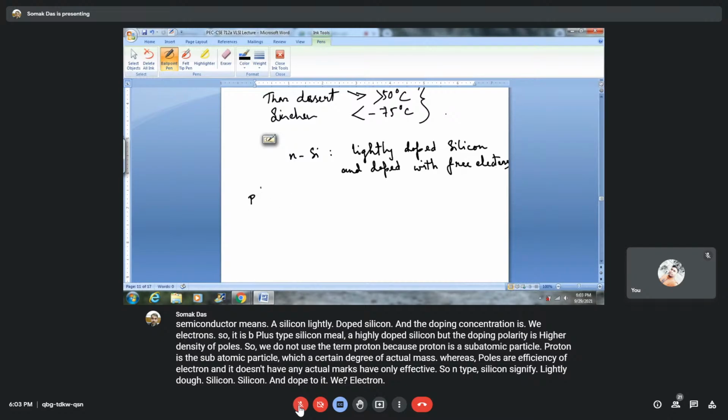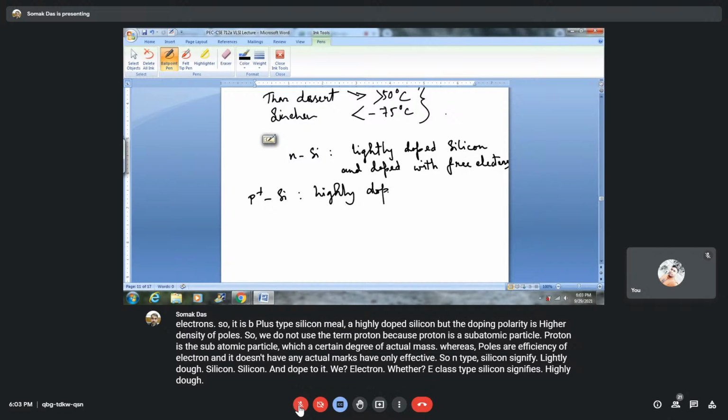Whereas P plus type silicon signifies highly doped silicon doped with a significant amount of holes.